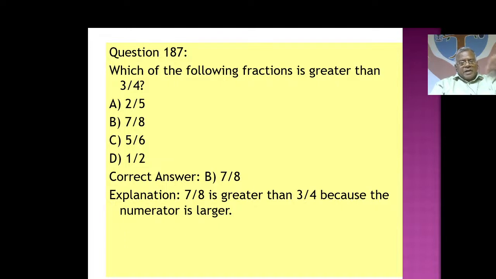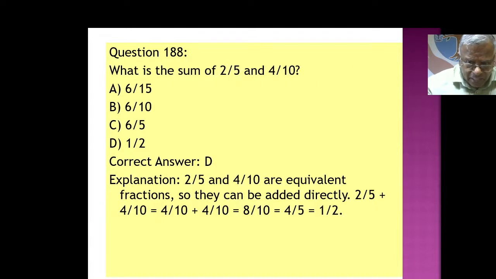So we can find which is greater. 7 by 8 is greater than 3 by 4. Okay, so this is how we see. 3 by 4 can be written as 6 by 8. So the question is which fraction is greater than 3 by 4, that is 6 by 8, and 7 by 8 is already there. So 7 by 8 is the fraction which is greater than 3 by 4.